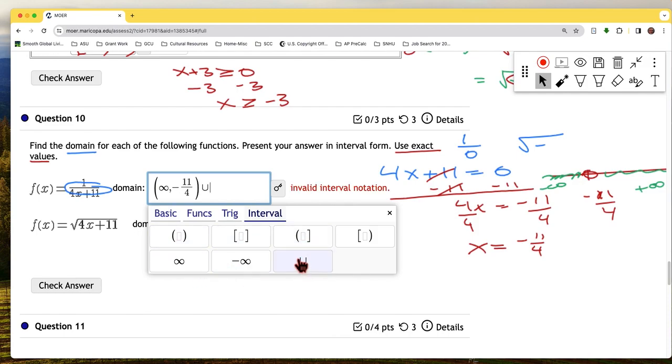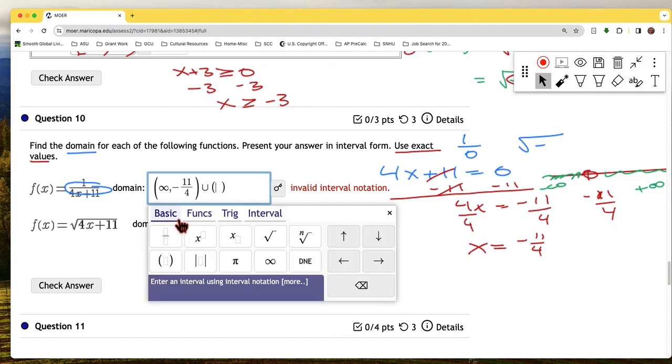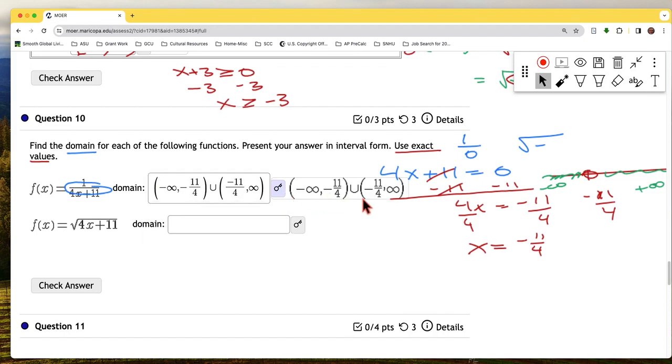It's got our union, and then we know this one is also going to be open like that. And then we go back to basic. Negative 11 fourths. Can do it this way. It'll be the same. Arrow over, comma. Then we need our positive infinity. Oops. Now that I said that, this should be a negative infinity, not just an infinity. So that should work. Negative infinity, negative this. So yeah, we work out.